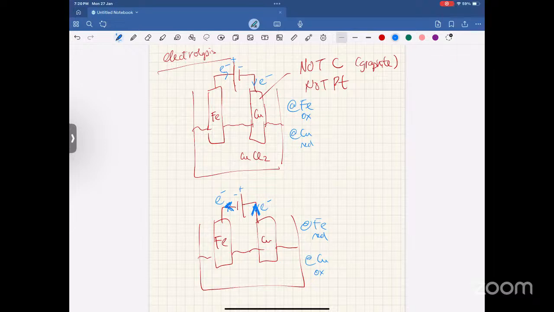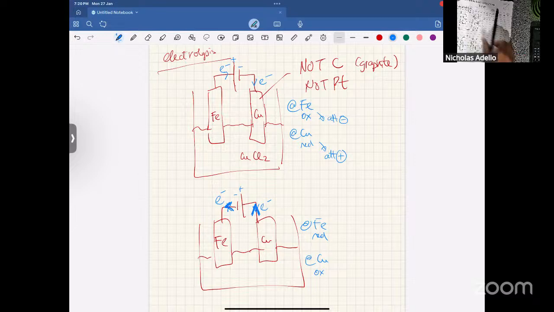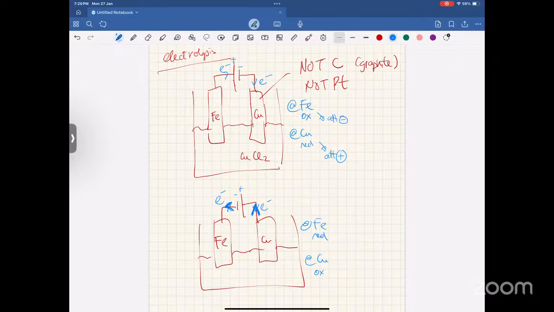So why does this matter? Well, the reduction part, the oxidation part. I hope this is obvious that this will attract positive stuff and this will attract negative stuff. This should also be obvious. If this is obvious, good for you, because now we need to write a candidate list.